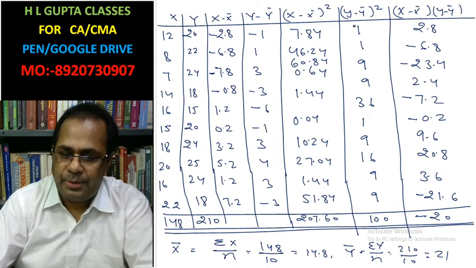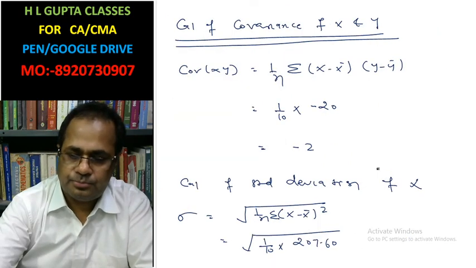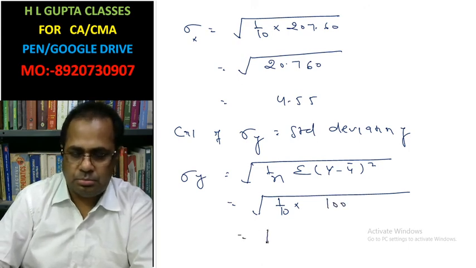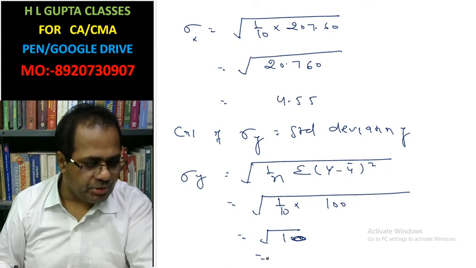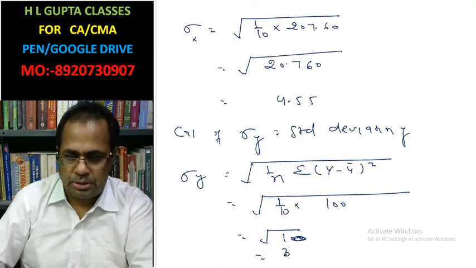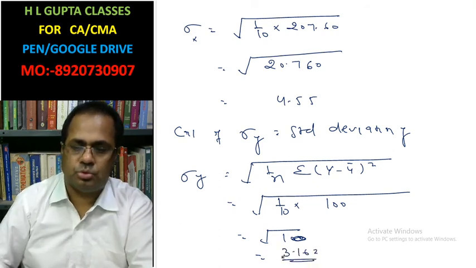Summation of (y minus y bar) whole square is 100. So root under 10, which is 3.162.